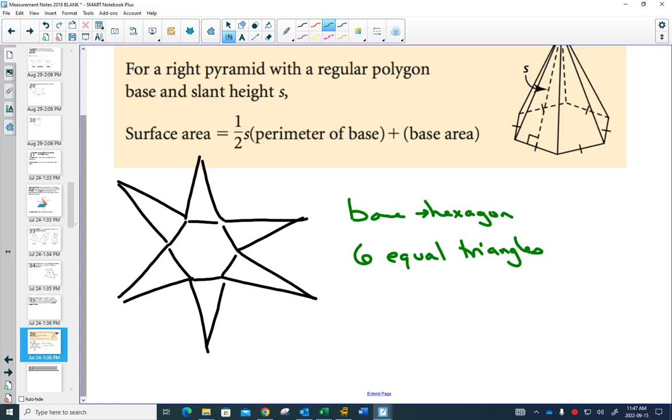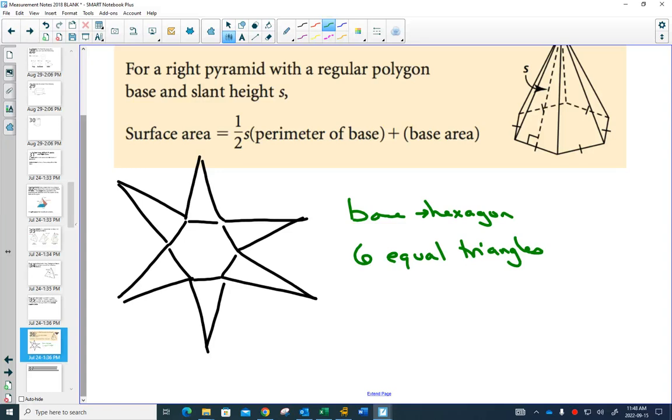So to find the surface area of a right pyramid, you would have to find the area of the base. And then if you found the area of one triangle, does it make sense that you could just multiply that by 6?